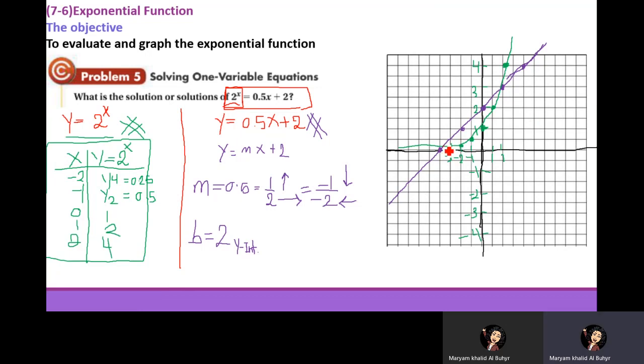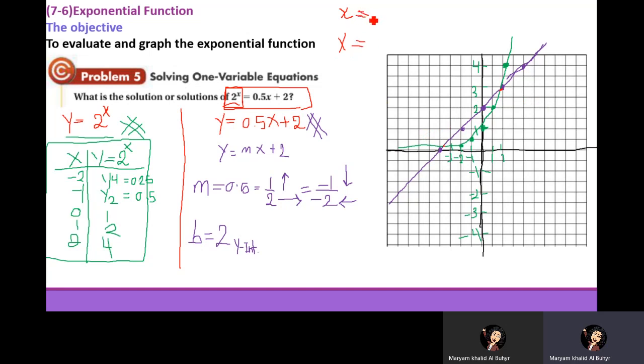Here is the intersecting point. That is one intersecting point. Here is the other one. Definitely, girls, once you try to find the values of x, because all your goal from finding the solution here is finding the values of x, you will notice that you will have 2 solutions here. So for the first one, just try to estimate it.